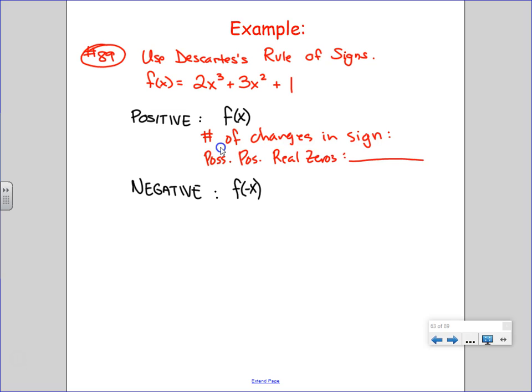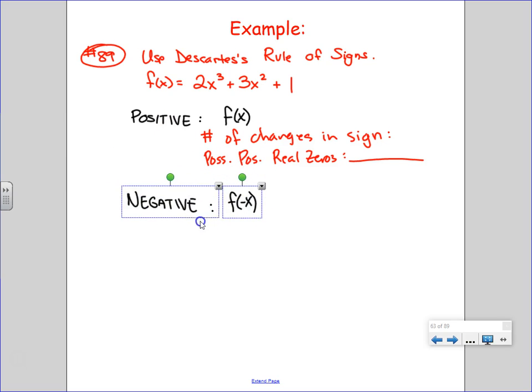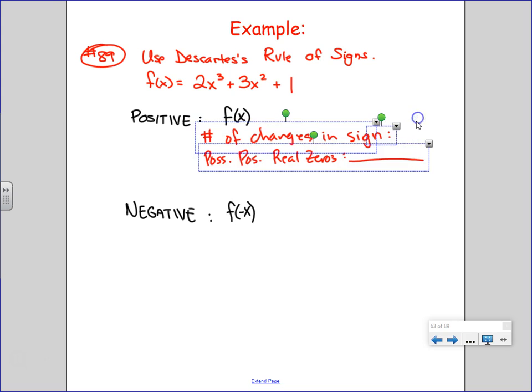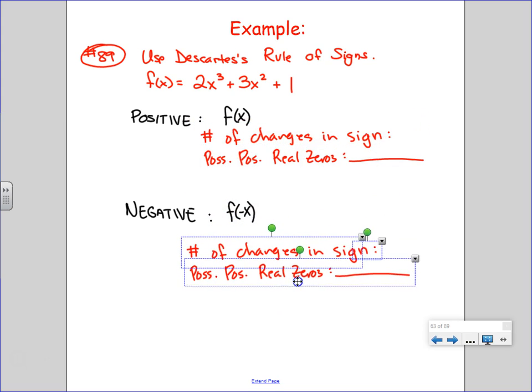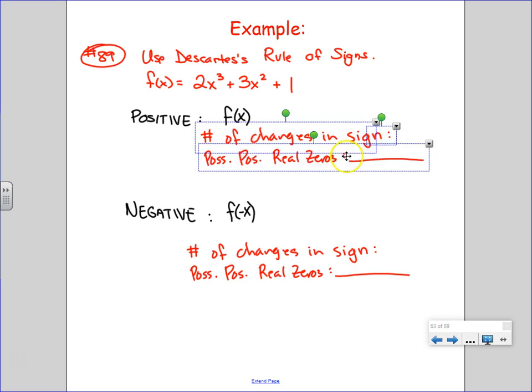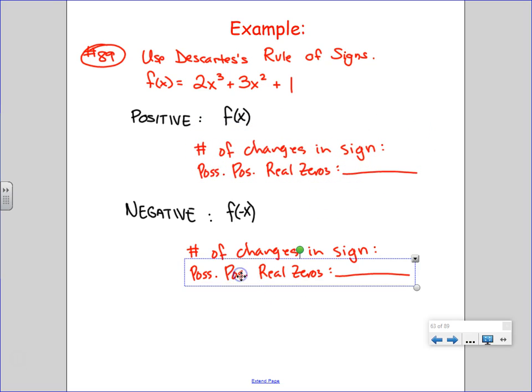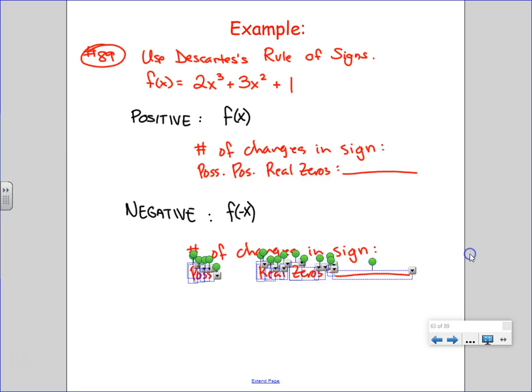Might be just one option, so we know for sure. There might be a couple options. And then for negative, I'm going to ask the exact same 2 questions, except instead of positive, let's go negative. You don't have to actually factor per se. Right now we're just trying to answer the questions of how many possible.